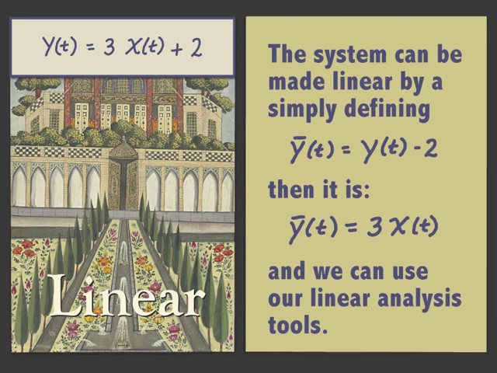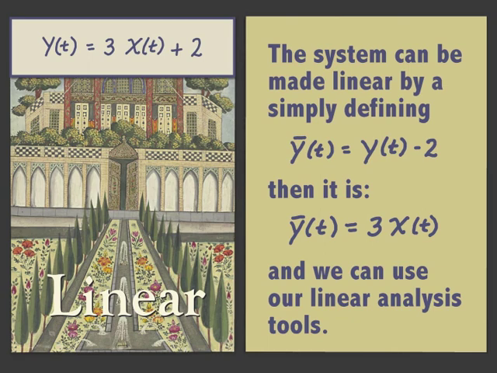And of course, that's a linear system. So once we've redefined the system output, we're able to use all our linear analysis tools to examine this system. This is the reason why most practicing engineers would consider this system to be linear, because it's so easily transformed to a linear system.